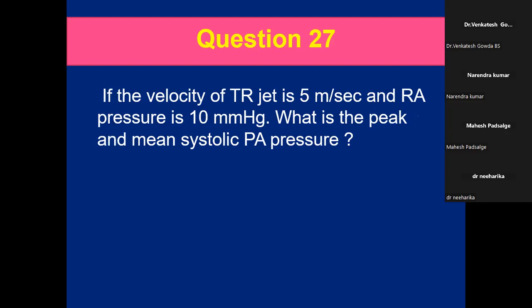And what would be the mean? 110 multiplied by 0.6 is 66, plus 2.1 is 68.1. Is it normal or elevated? Elevated. Anything more than 25 is elevated.